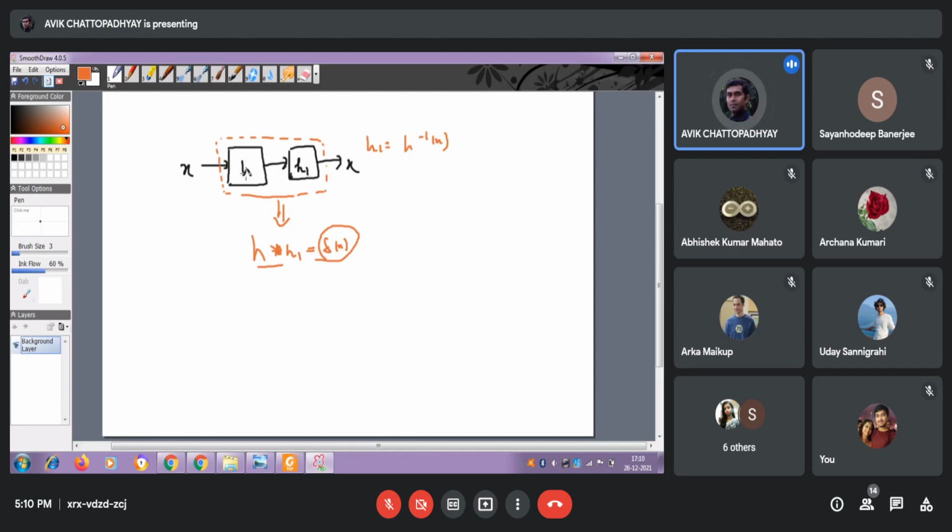This is a possibility. If we can design it, then the distortion that occurs during transmission through the channel can be minimized to a large extent.